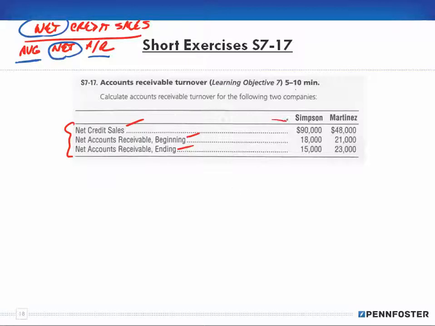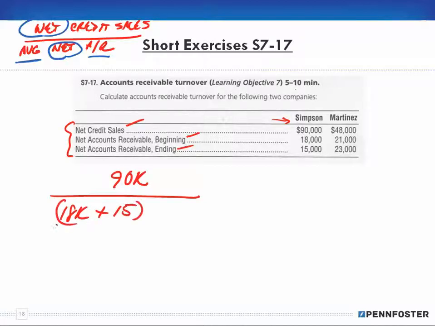So let's work on Simpson first here. In the numerator, we're going to have 90,000, but we have to calculate our average net accounts receivable, and our average is the 18,000 plus the 15,000, and we divide all of that by 2.